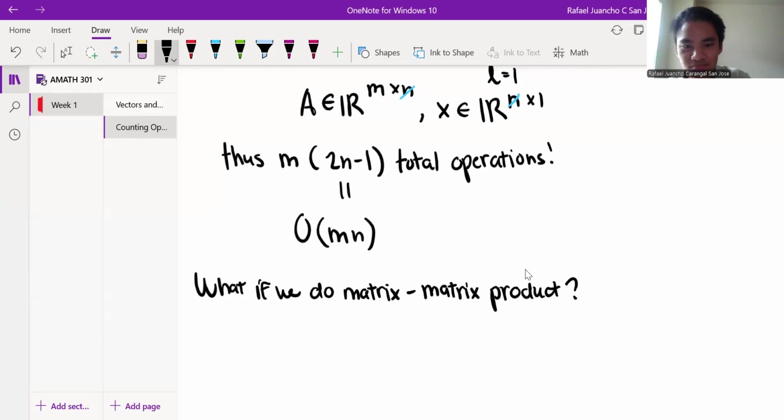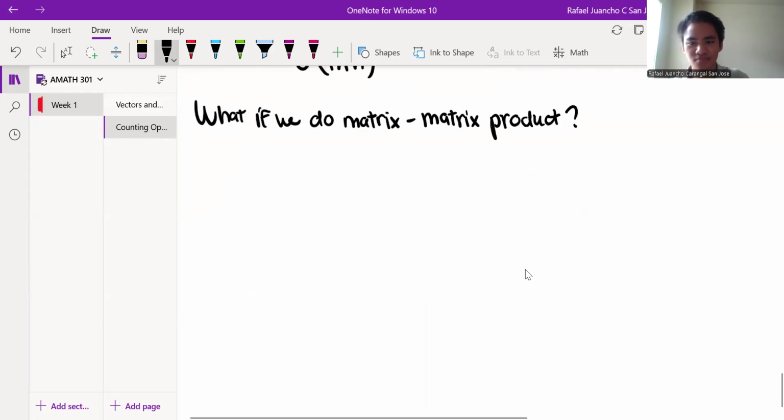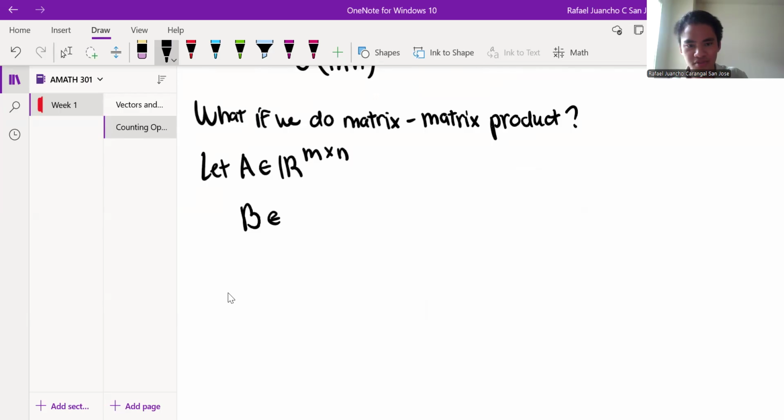Well, if we do that, let's say we let a matrix be dimensions m by n, and we let another matrix be dimensions n by p.